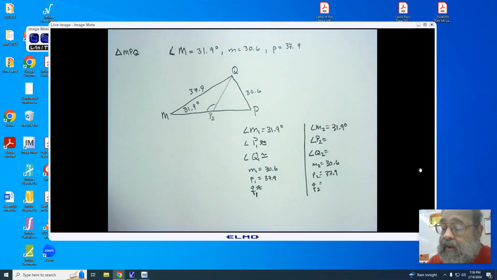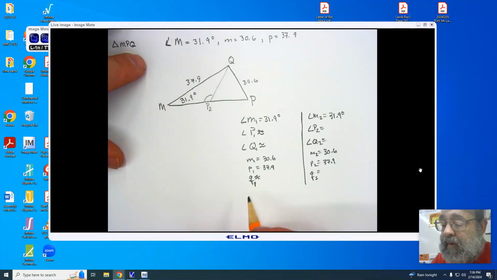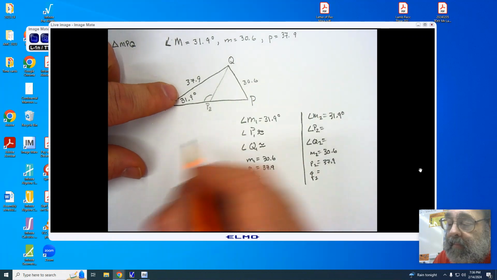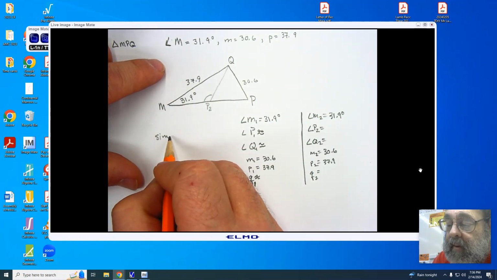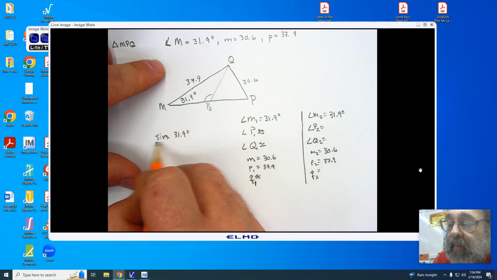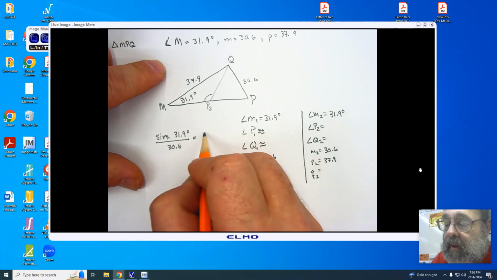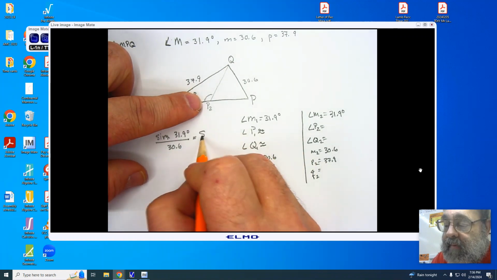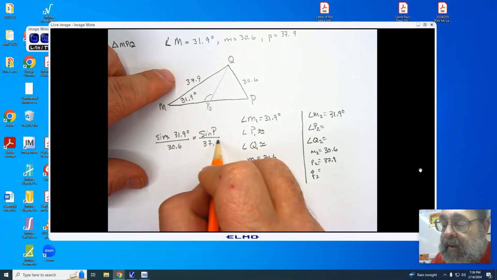We're now going to have to take a look at this based on our information. Notice that we are given M and m. So we're going to start off by taking the sine of M, and that is the 31.9 degrees. We're dividing it by the 30.6, and it equals the sine of angle P over 37.9.